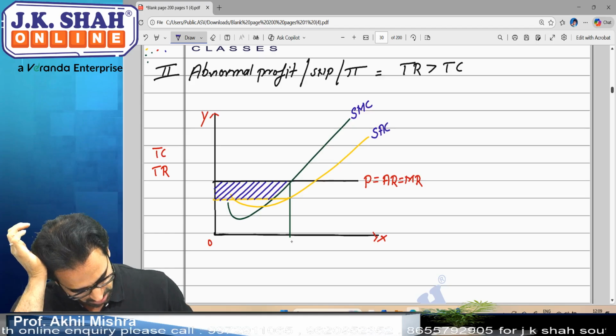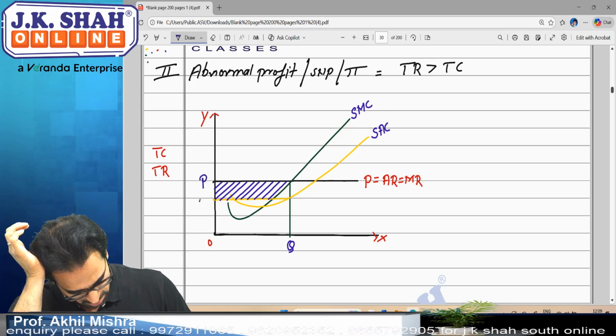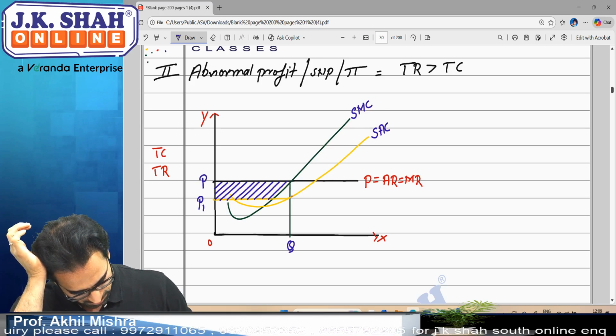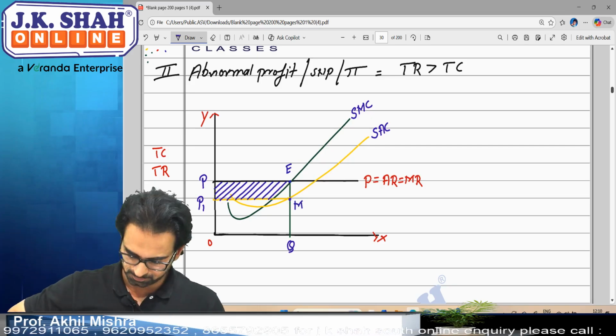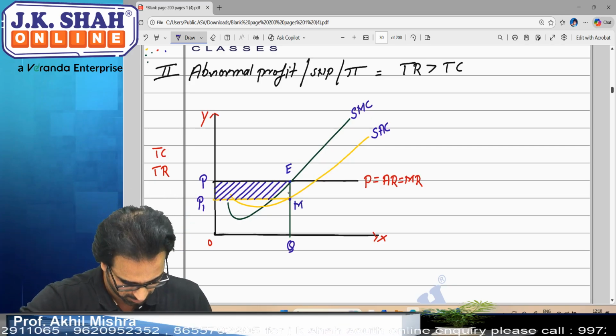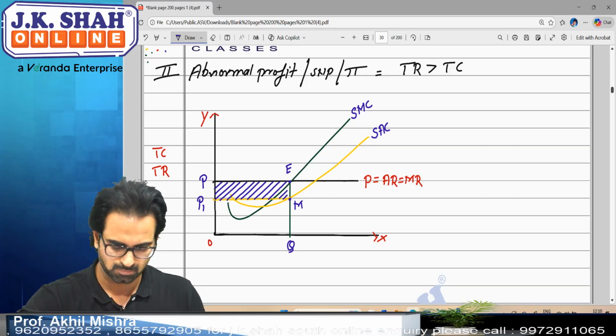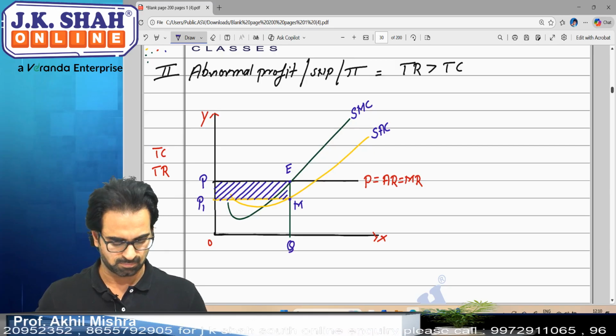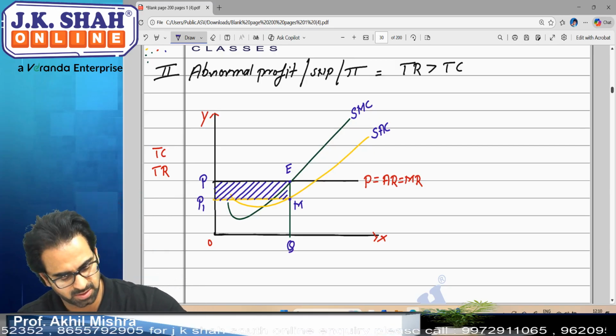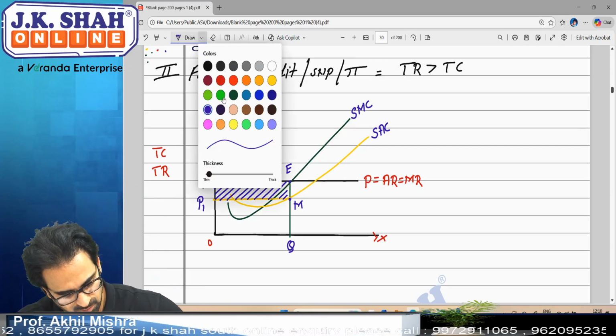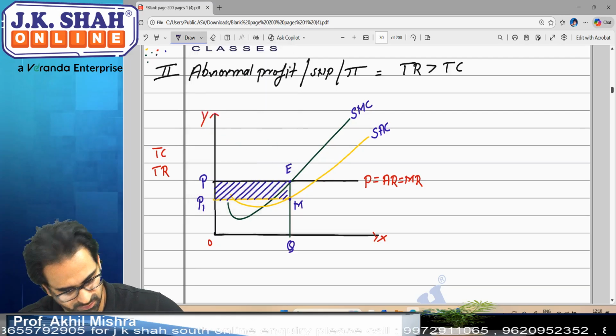Here's the quantity. It's P, you can say P1. This is your E. This is your M. Okay. Now let's find out what is the supernormal profit.